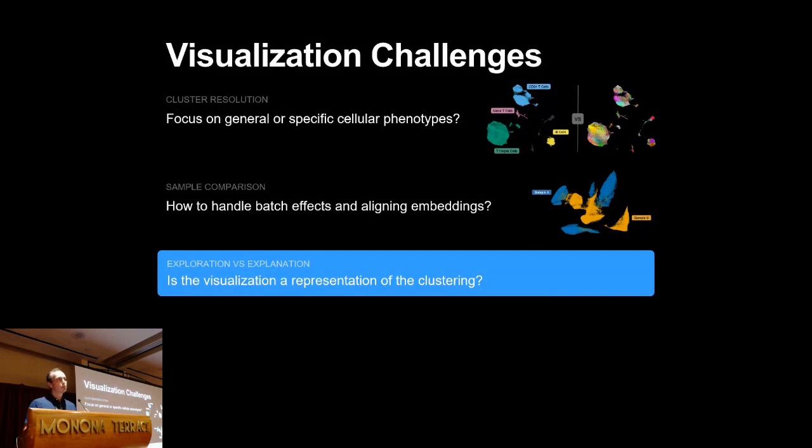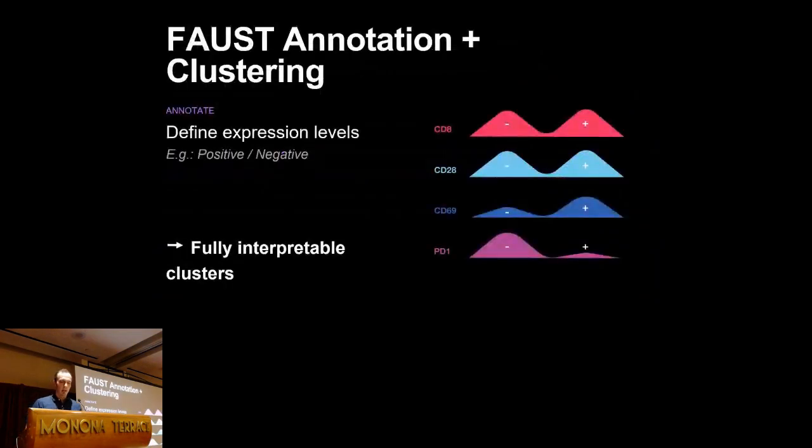This can be challenging to achieve both, because there can be a disconnect between the data representation that was used for clustering and the data representation that is used for actually embedding these data. To address this, we have developed a method that annotates the raw expression levels. Without going into technical details here about our FAUST clustering approach, the high-level idea is the following.